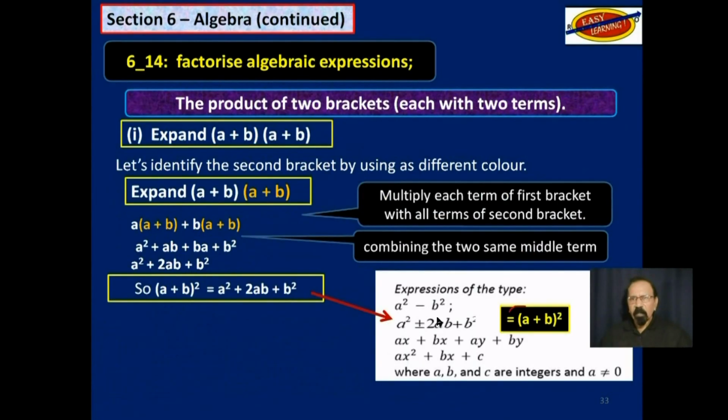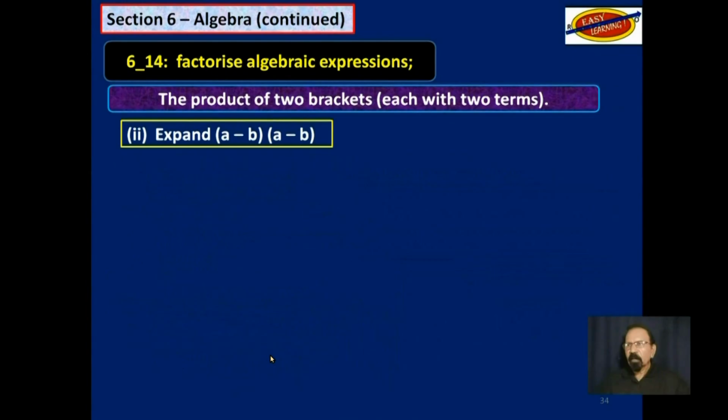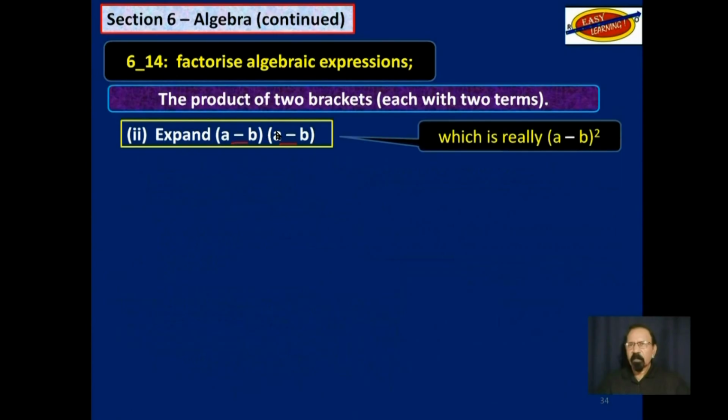So we have looked at this part of the requirement of the syllabus, the plus part. A plus b and a plus b. Now let's deal with a minus b and a minus b. That is really (a minus b) squared. If we expand this, what do we get?